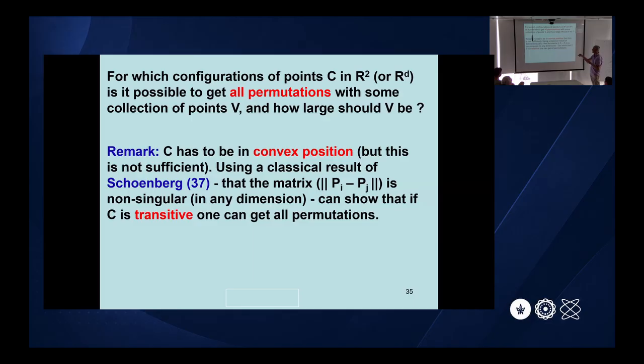You can use this to show that if C is symmetric, is transitive, so I wrote here, like the vertices of a convex polygon, then it will be possible to get all the possible permutations, but you need quite a large number of points, so maybe some fractional power of n.